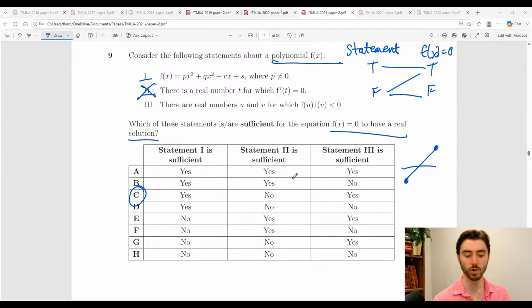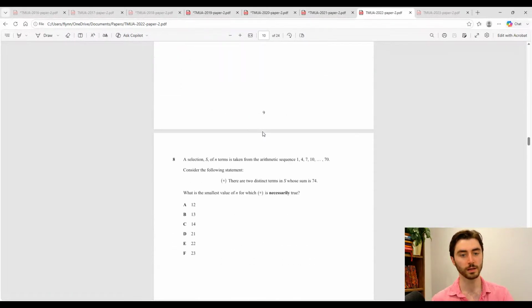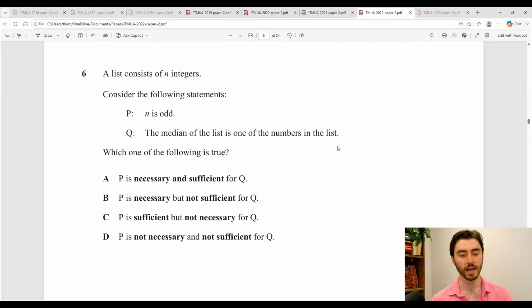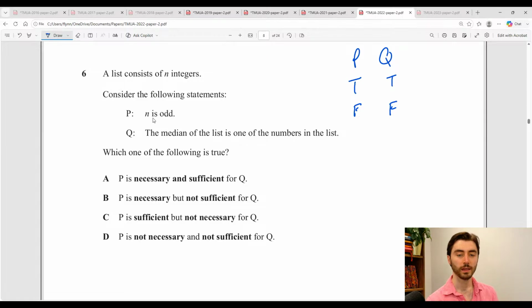Now we've got a couple more before we get into some more advanced techniques. 2022, question 6. Again, this is one where we have to work out what the relationship is between P and Q. True, false, true, false. So n is odd or n is even.